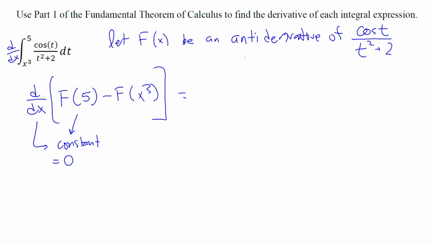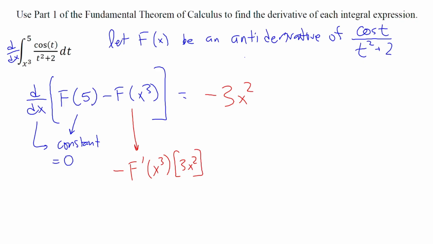Well, in order to take the derivative of a function within a function, we have to do the chain rule. It's still a negative sign in front, it's the derivative of capital F evaluated at x cubed, and then we multiply that by the derivative of x cubed, which is 3x squared. So we end up with a negative 3x squared times the original function, because it's the derivative of capital F, evaluated at x cubed.